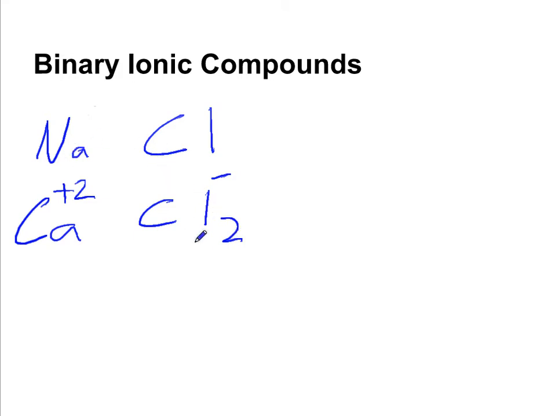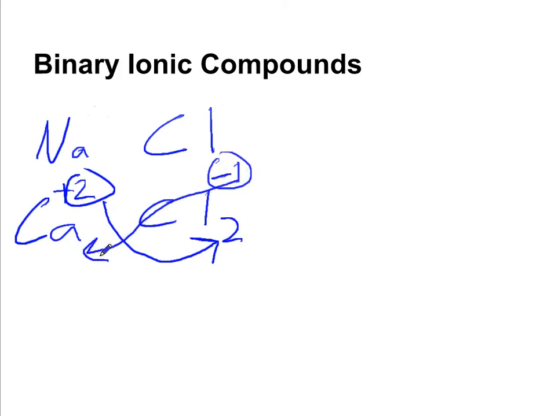So we've got 2 separate -1 charges balancing out this +2 charge. An easy way to remember these subscripts is called the crisscross method. You take the charge of the first element and make that number the subscript for the second element. You take the charge of the second element and make it the subscript for the first one.